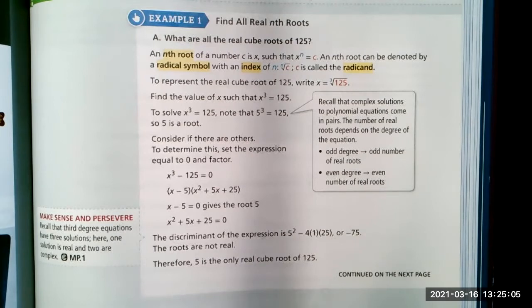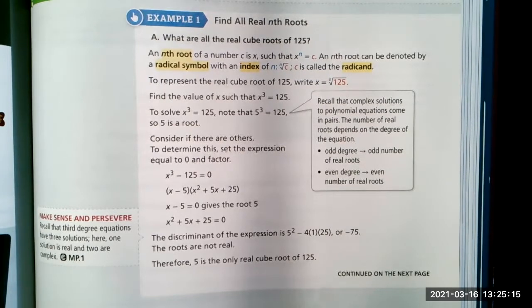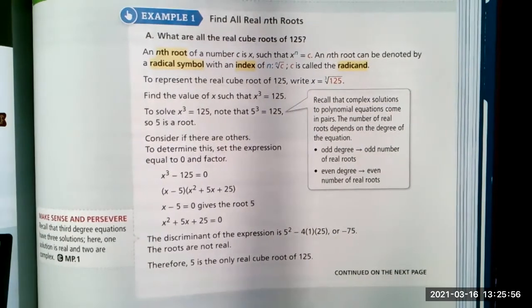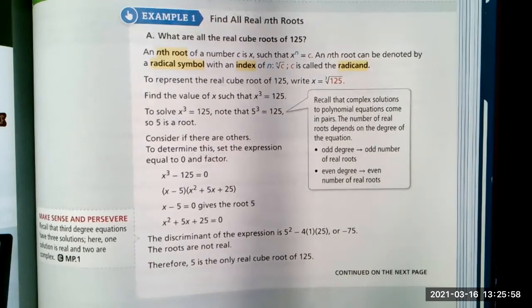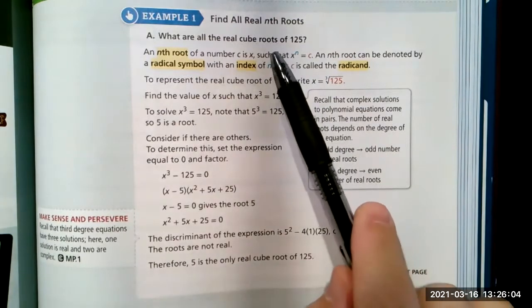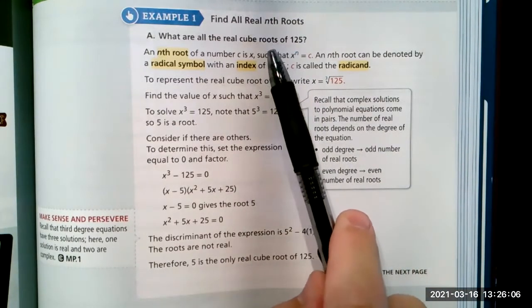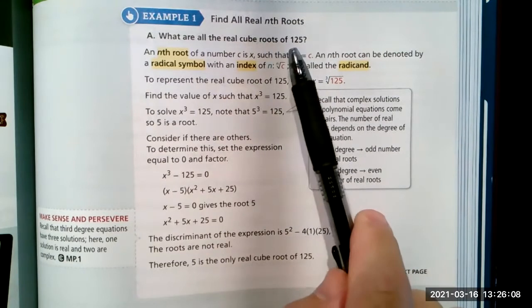There's all those different groupings of numbers. Real numbers are just a fancy way of saying a specific type of number. So a real number could basically be any number. It doesn't matter what the number is. What are all the real cube roots? So that's when you're taking the third root of 125.